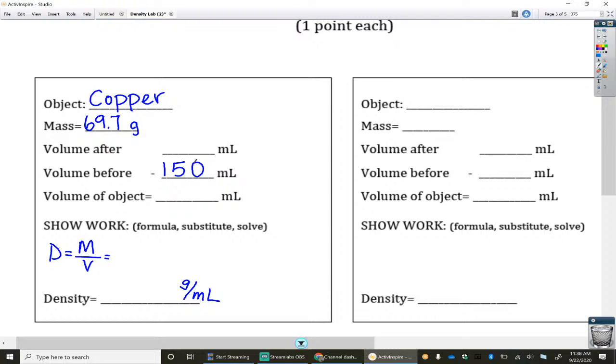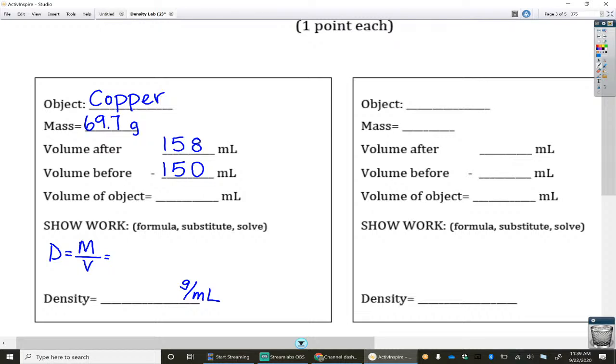Okay? So we're starting with 150, and now I'm going to tilt my graduated cylinder on its side, and slowly slide this in there, because if I don't, I'll shatter out the bottom and have a really bad day. Okay? And so my finishing volume looks like about 158 milliliters with my sample in it. So if I want to get the volume of just my object, I need to subtract the water and make it go away.